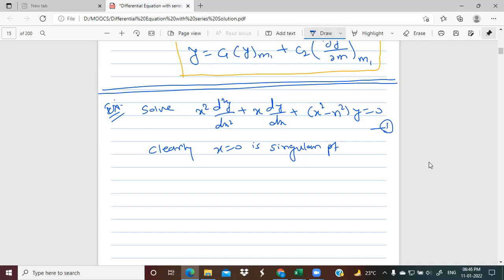Now this solution is y is equal to x to the power m into summation a n into x raised to power n, written by Frobenius method.